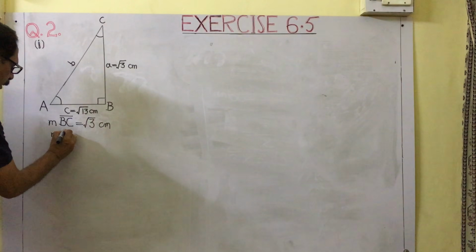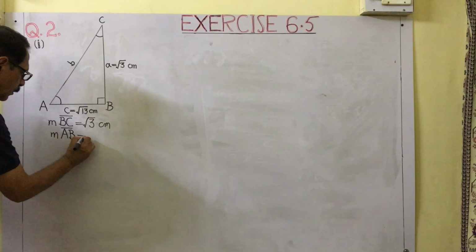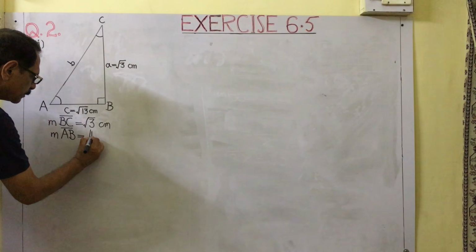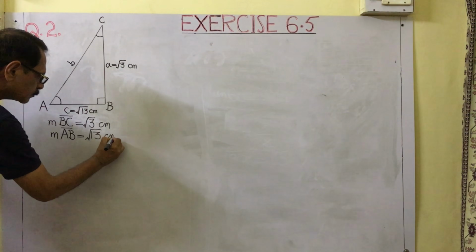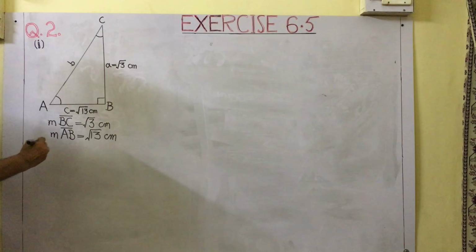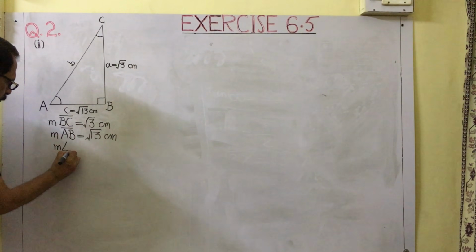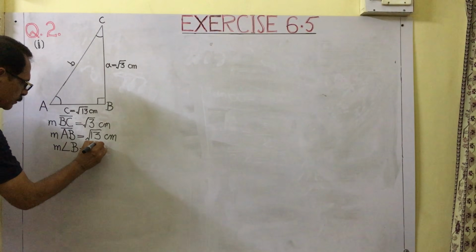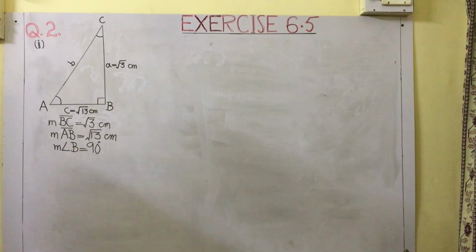Measurement of AB is equal to square root of 13 centimeters. Also, angle B is equal to 90 degrees. These are given in the diagram.